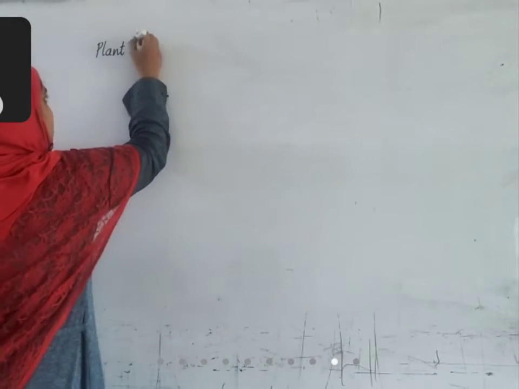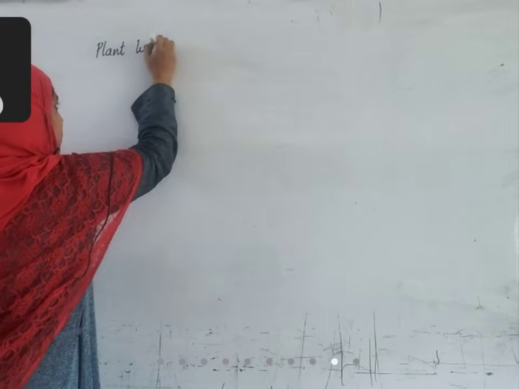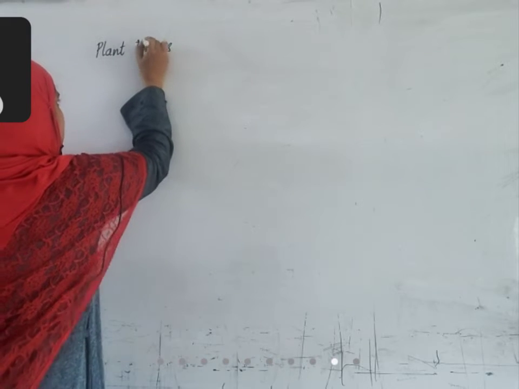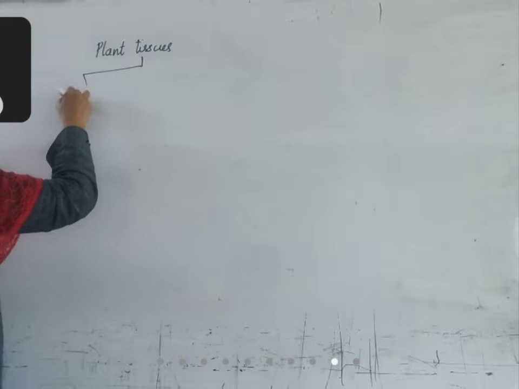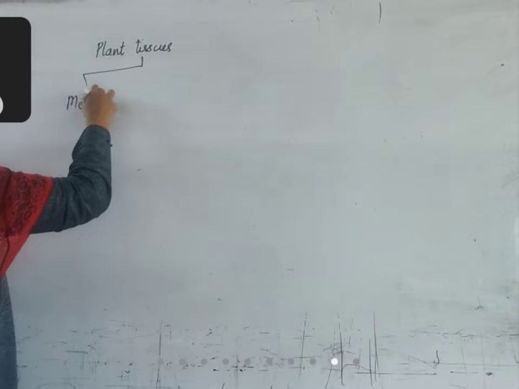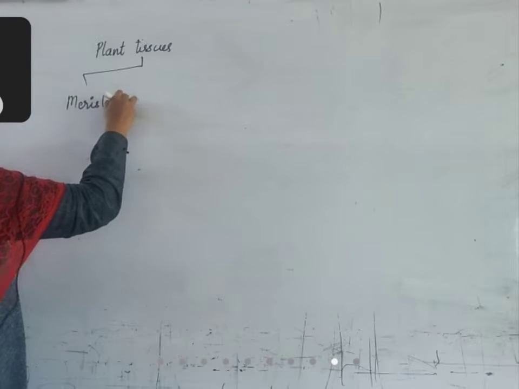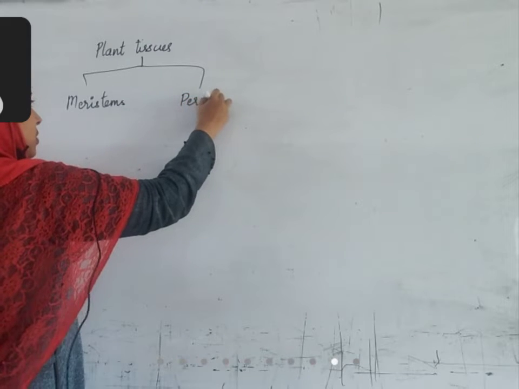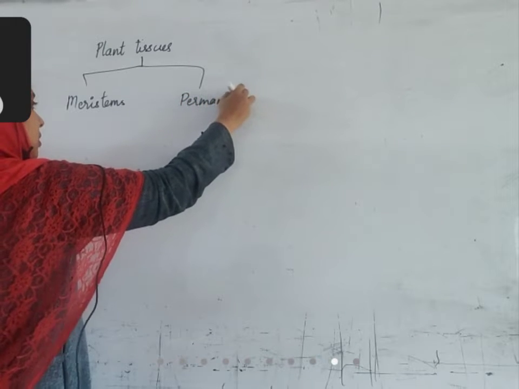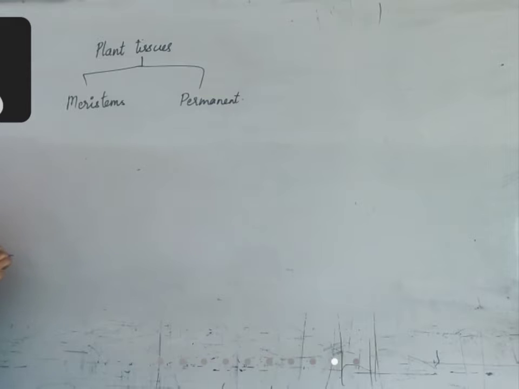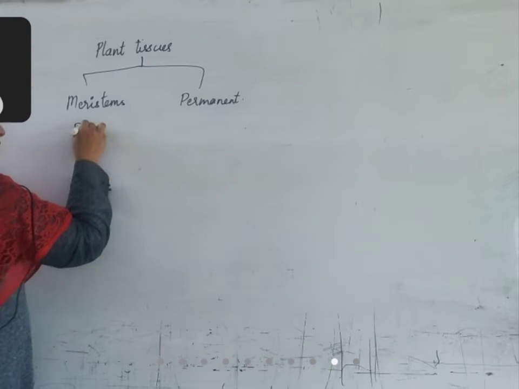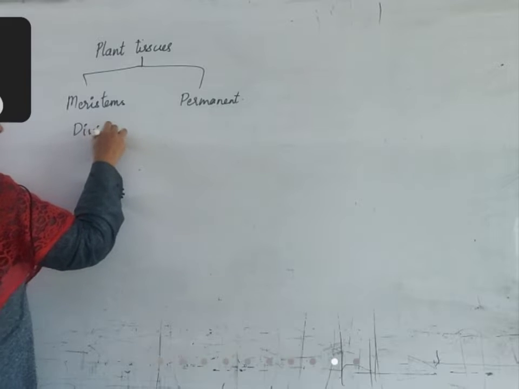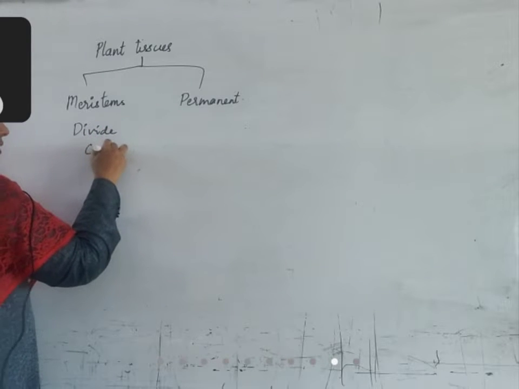All the plant tissues are divided into meristematic tissues and permanent tissues. Meristematic tissues are those tissues which divide continuously.